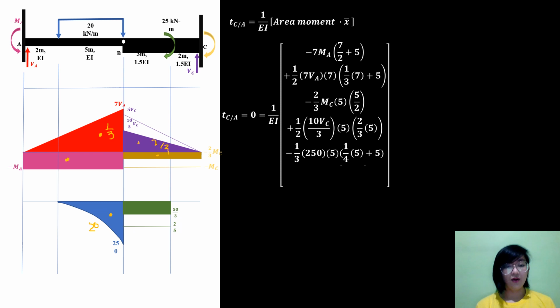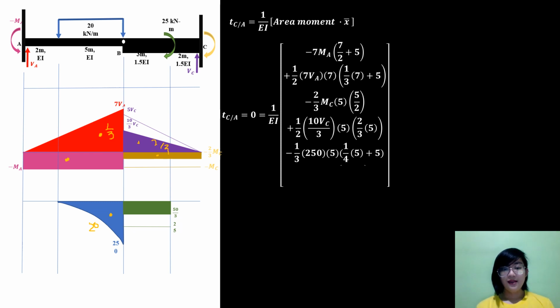Yung moment arm nga nito. So, to get that, ang formula for that is 1 over n plus 2. So, add lang natin. So, 1 over 2 pala, sorry. So, 1 over 2 plus 2. So, magiging 1/4 siya. So, 1/4 yung length naman nito. So, magiging 1/4 times 5 yun to get the centroid.